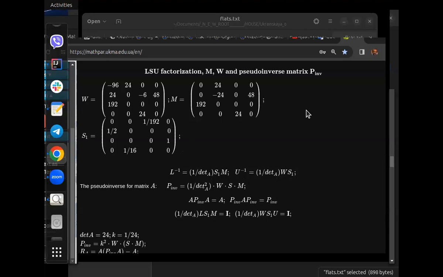But in the general case, you cannot obtain the inverse matrix because the matrix may not be of full rank. So we obtain the pseudo-inverse.